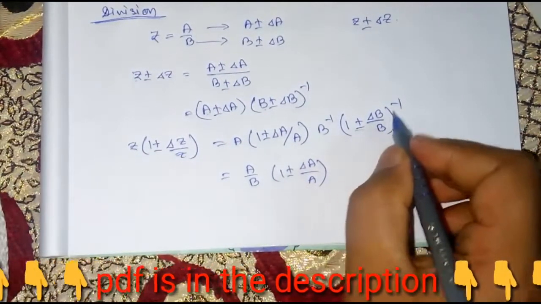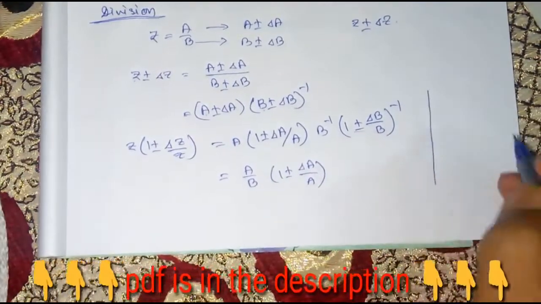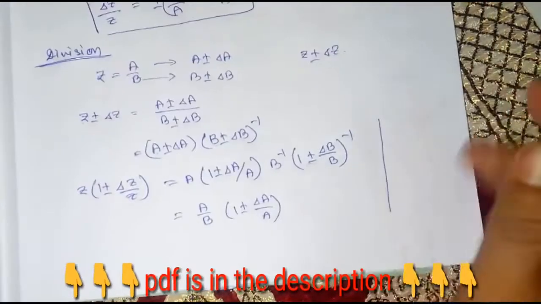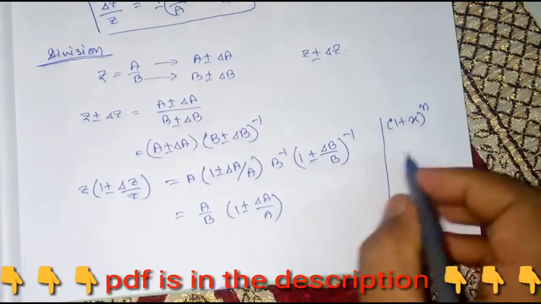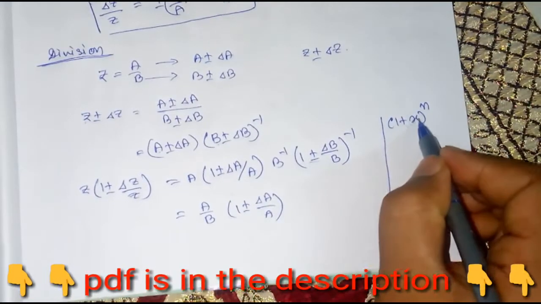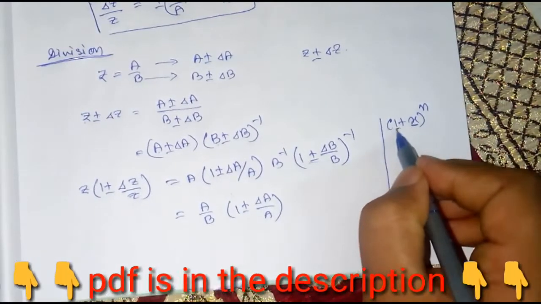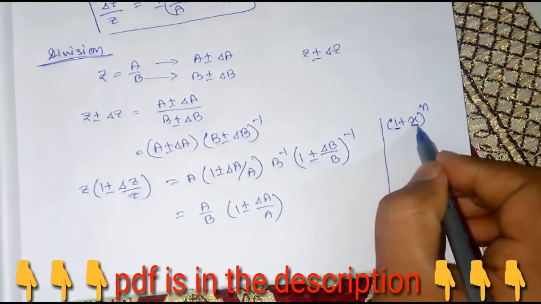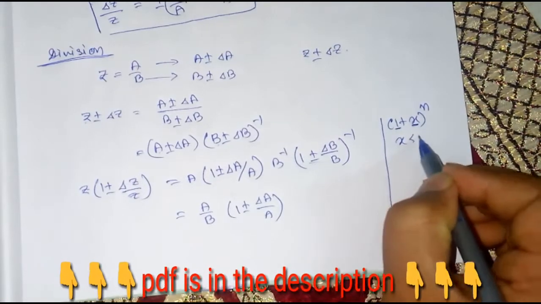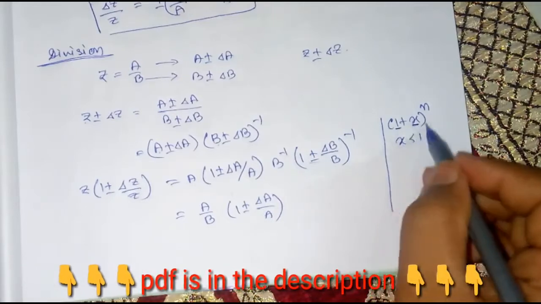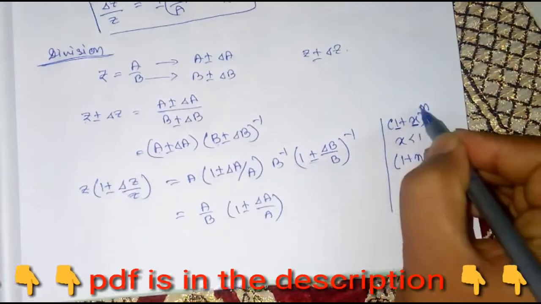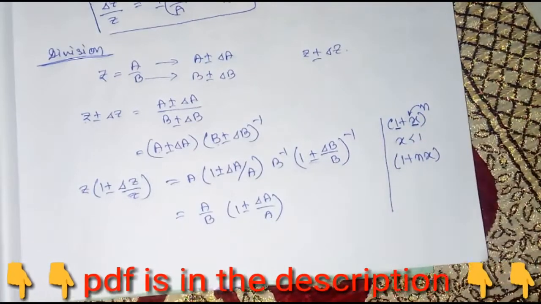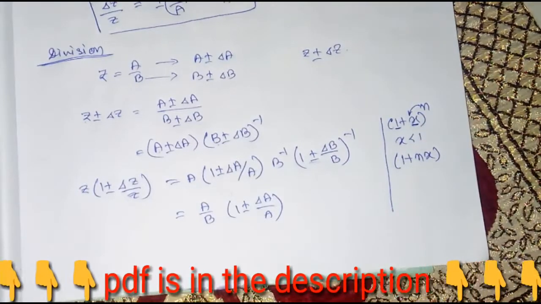And this one, see, in the binomial expansion, you will learn that when a value is 1 plus x to the power n, where the first term is 1 and here is x, and x should be less than 1. If this condition applies, then we can write 1 plus nx. The exponent comes in front of the x.